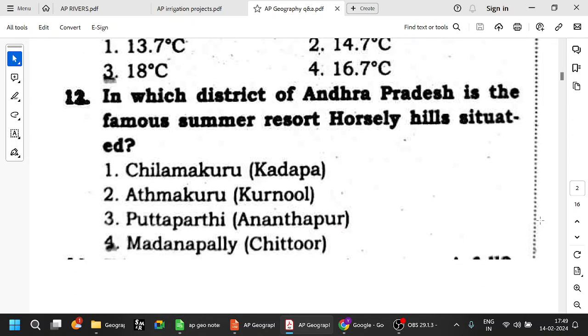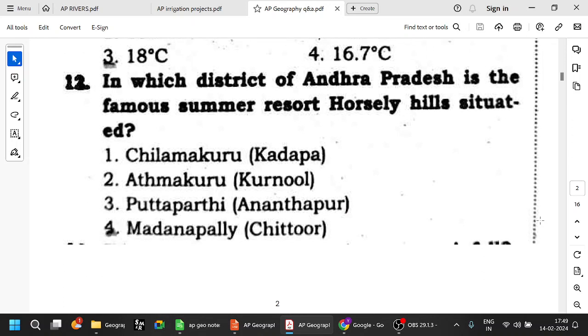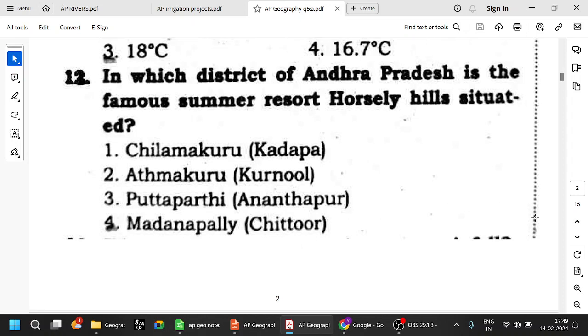Fine, so remember it and try to update with the latest, because these things keep changing, right? In which district of Andhra Pradesh is the famous summer resort of Horsley Hills situated? See, Madanapalli, previously it was in Chittoor district, but right now it is in Annamaya district. Remember that.